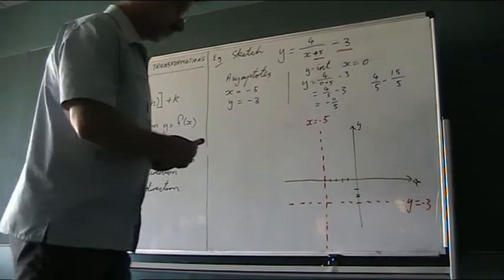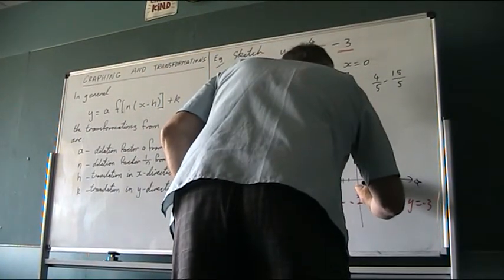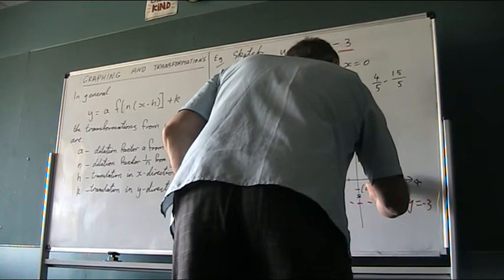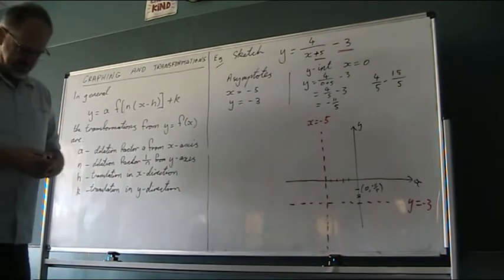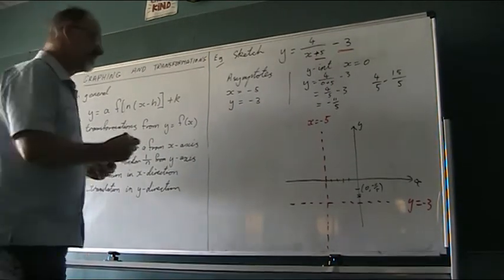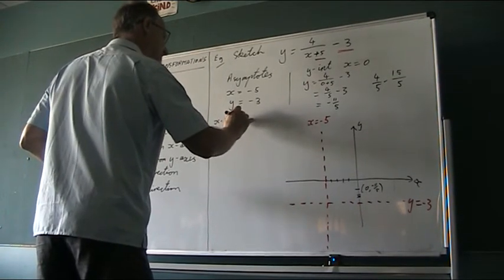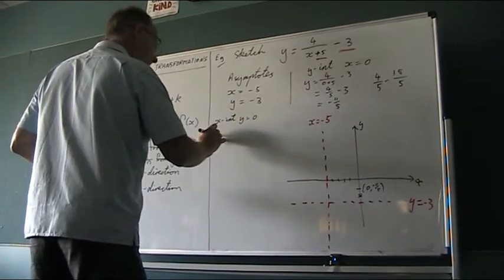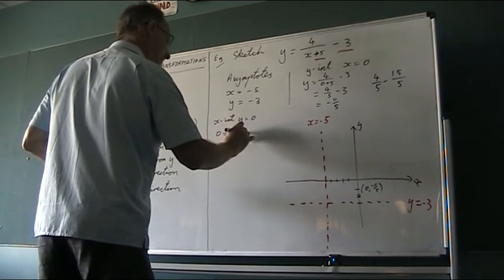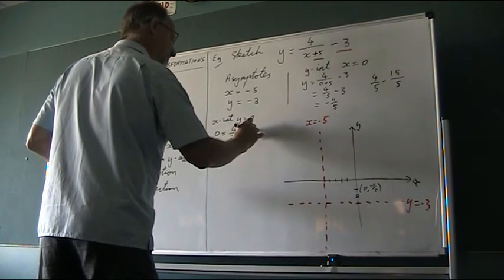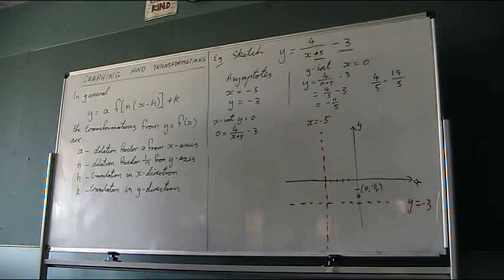All right. I'll just put a little, so that's 0 and negative 11 on 5. Now the X-intercepts. How do we find them? For X-intercepts, y is 0. So we then get 0 equals 4 over x plus 5 minus 3.